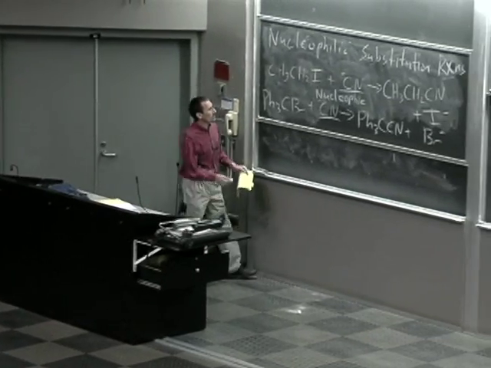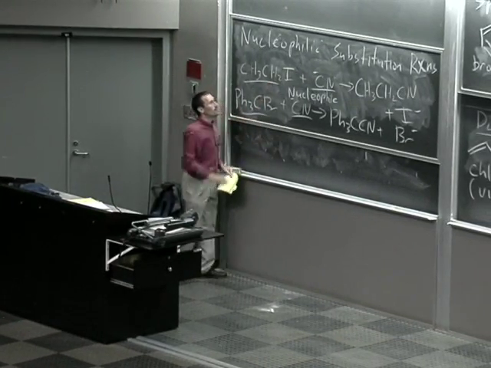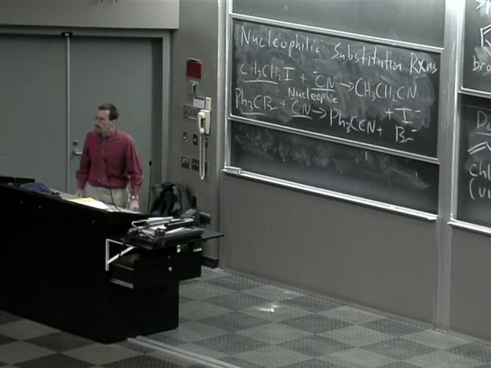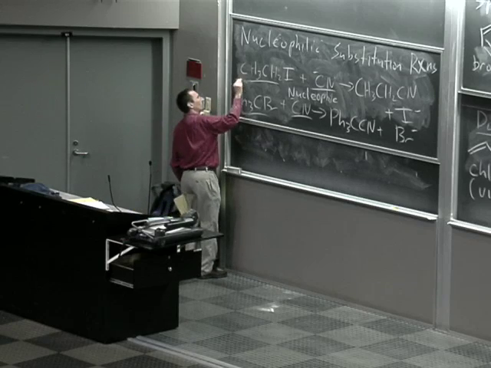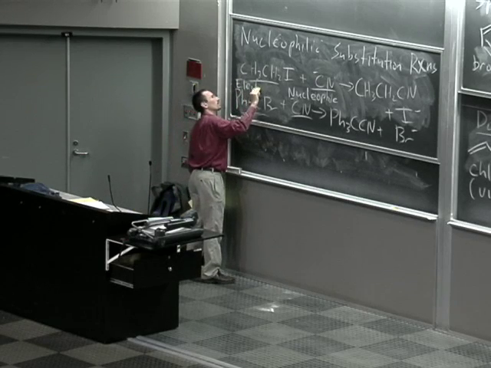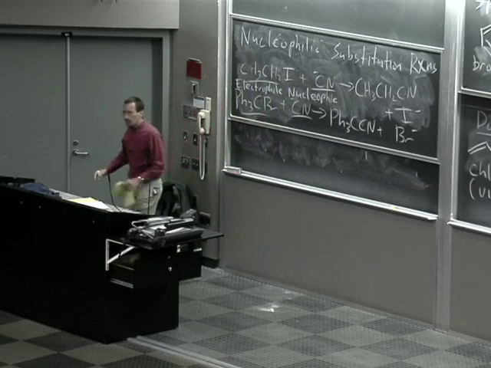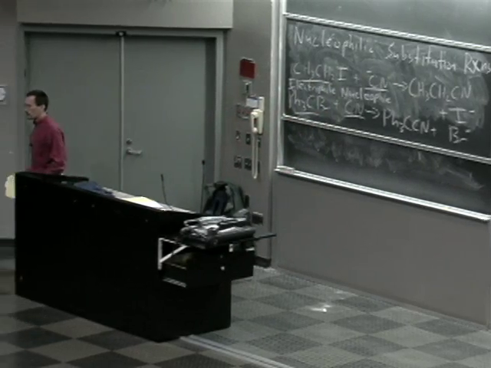Now, conversely, these components that like the electrons, we're going to call electrophiles. An electrophile is what we learned as a Lewis acid.